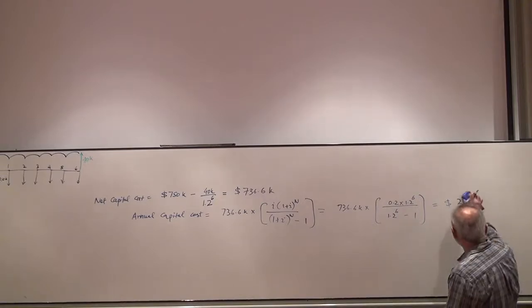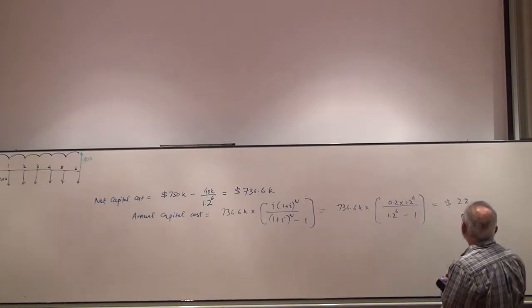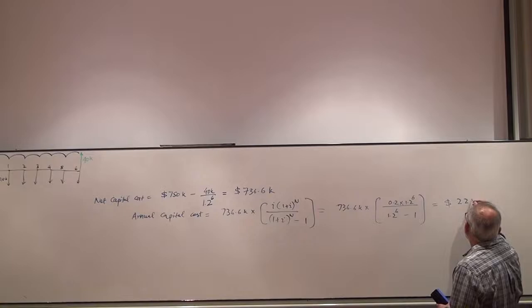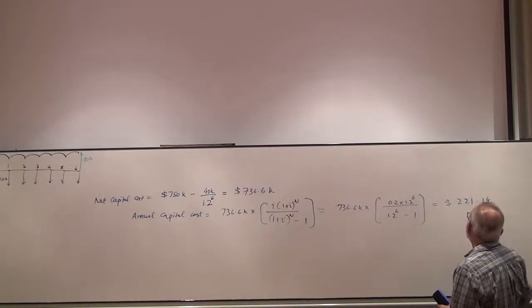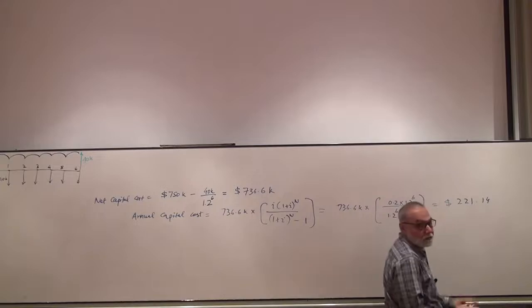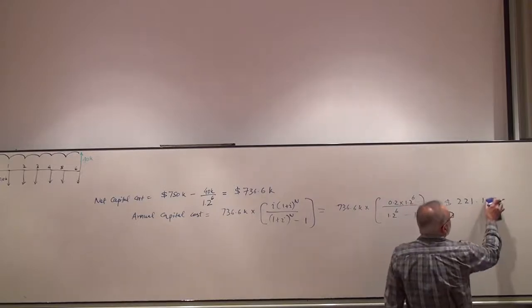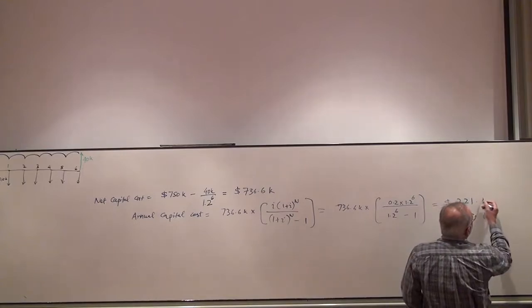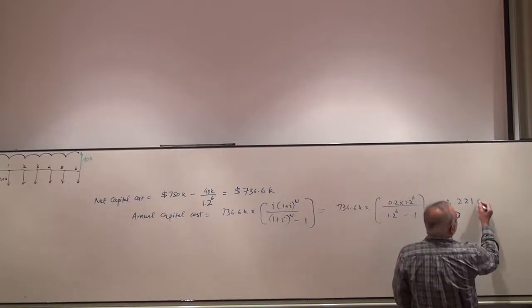$221, something like that. 221,410. Instead of making it 0.41, we will make it 410.